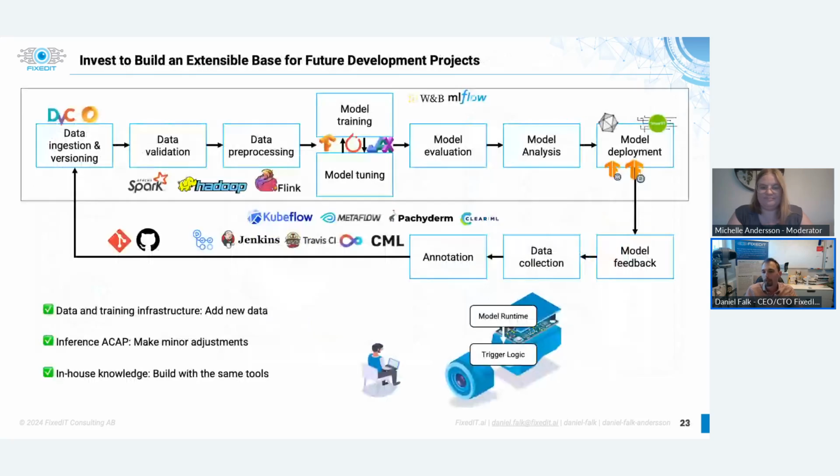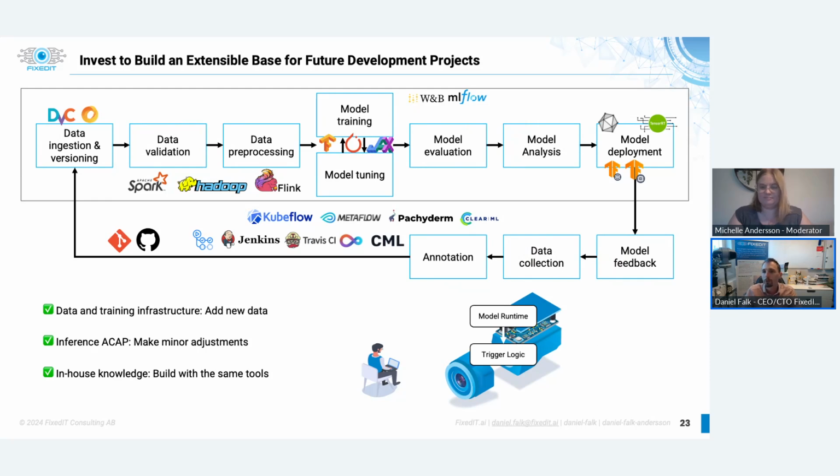So I'm skipping over some slides here and going into the next step of the planning, where the key point to see is that the first time you invest in an ACAP project, it is quite a big investment. There's a lot of new things to learn, and you need to do integrations to all the existing hardware, so for all the existing systems that you are using.